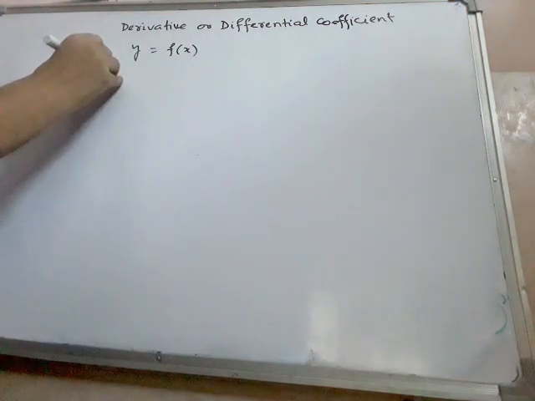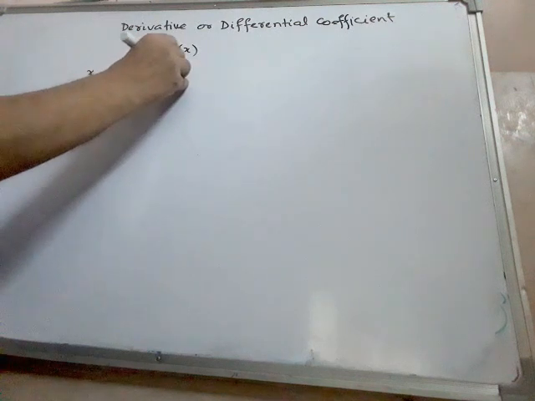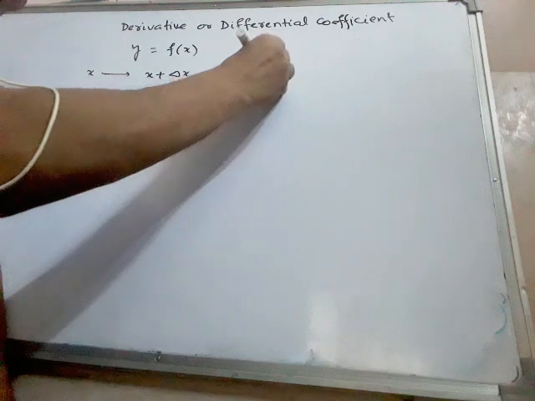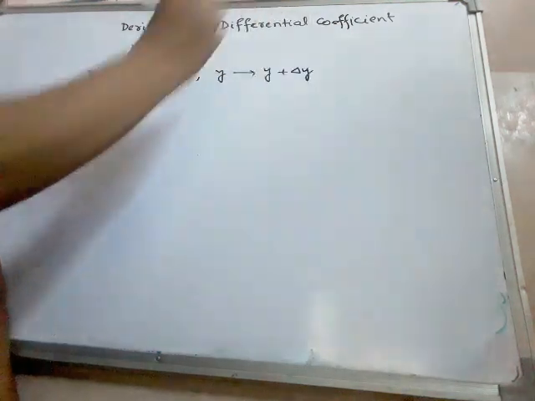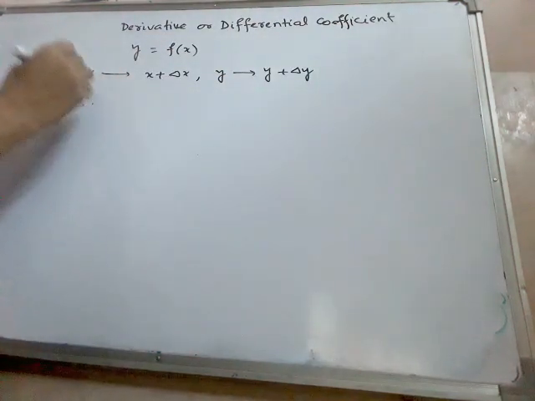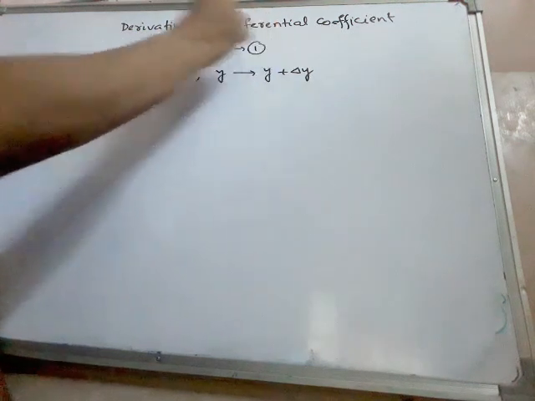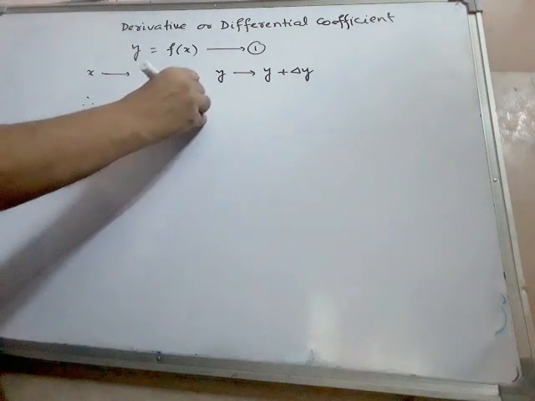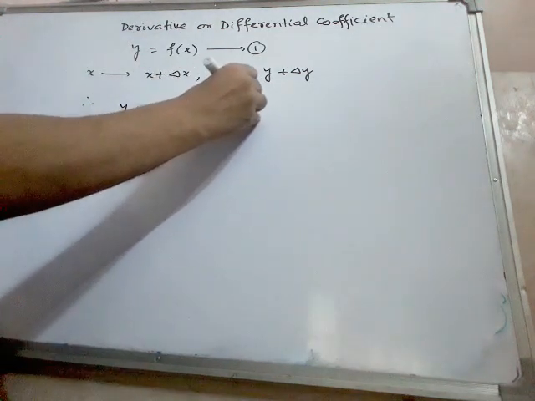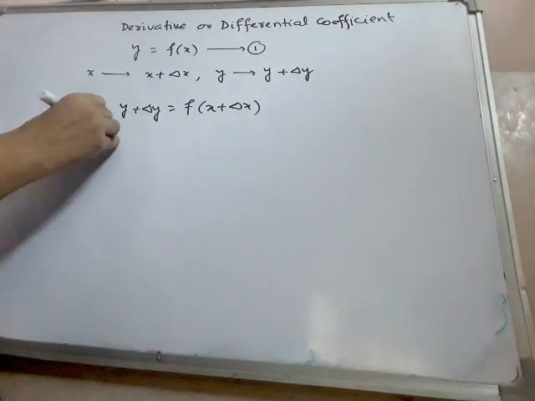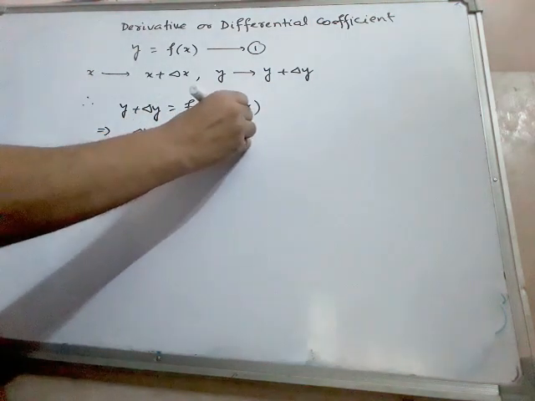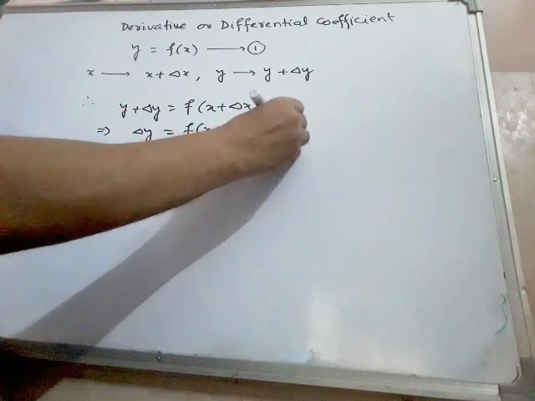If x changes to x plus delta x, then automatically y changes to y plus delta y. So therefore, from 1 we can write y plus delta y equal to f(x plus delta x), and therefore delta y equal to f(x plus delta x) minus y.